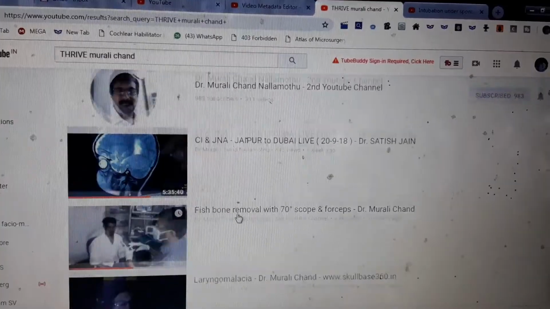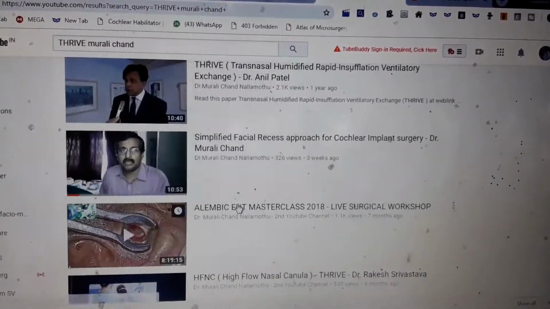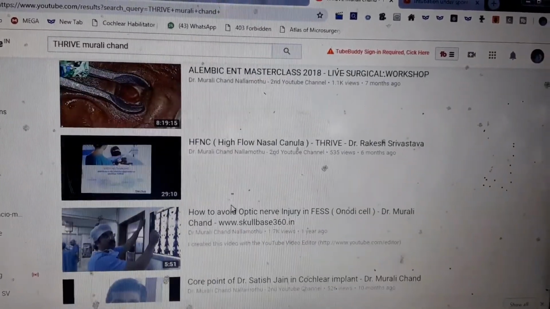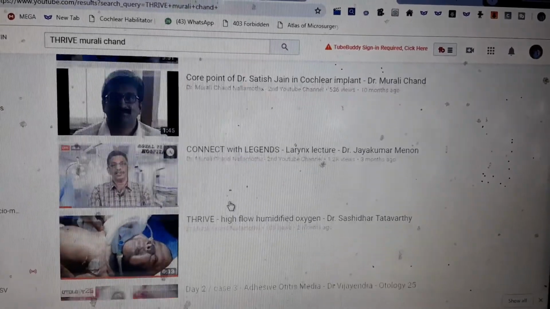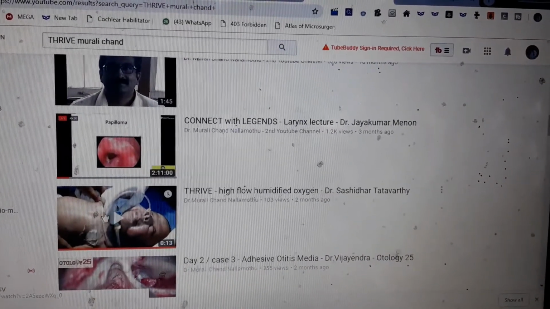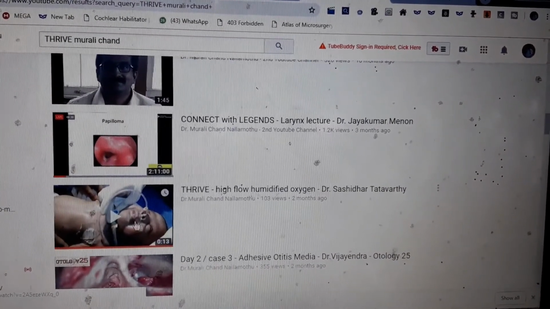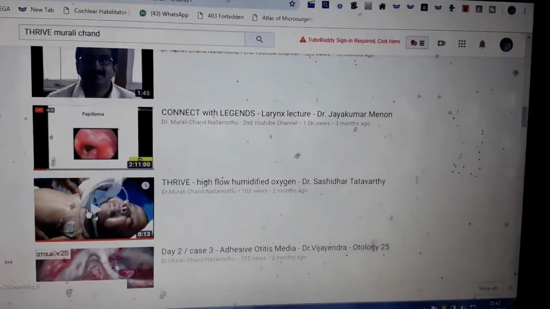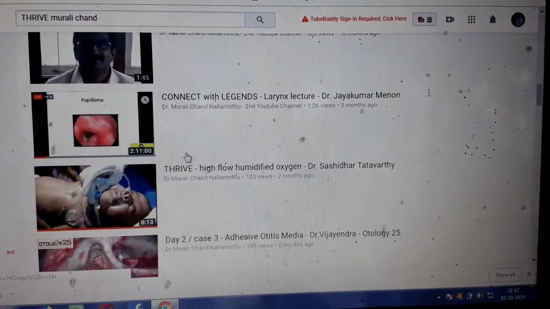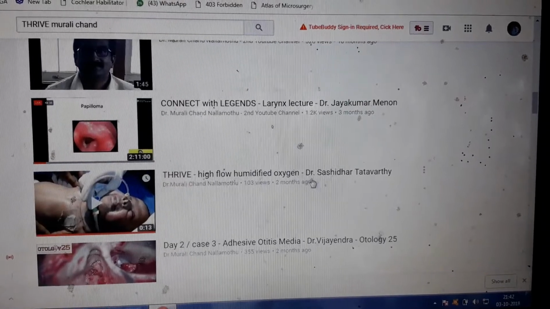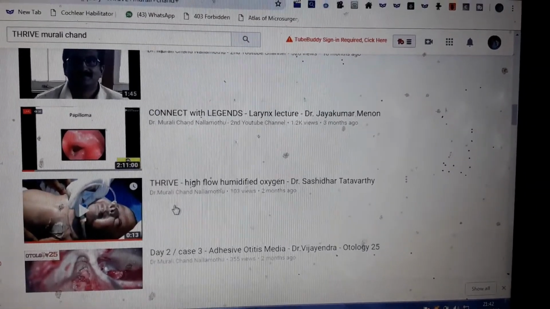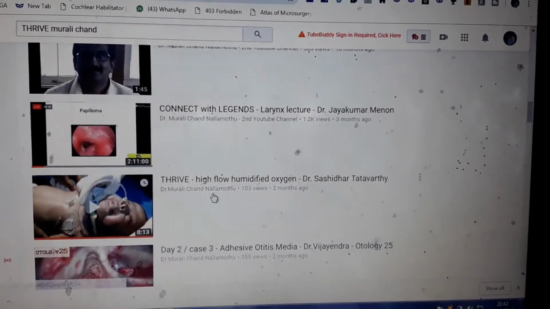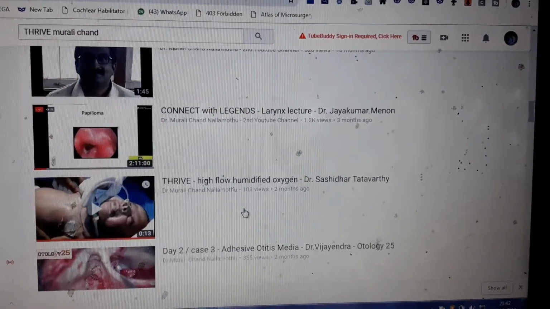Okay, when you don't have that instrument, what Dr. Seshidhar Tathavarthi has done is simple: our ICU oxygen high flow is there, na, he has just kept a tube in the nasopharynx of the child and he exchanged. So he is getting some more time. You can get that also, THRIVE high flow humidified oxygen by Seshidhar Tathavarthi, that video also. But actually this is not prescribed. Dr. Seshidhar Tathavarthi has done it.